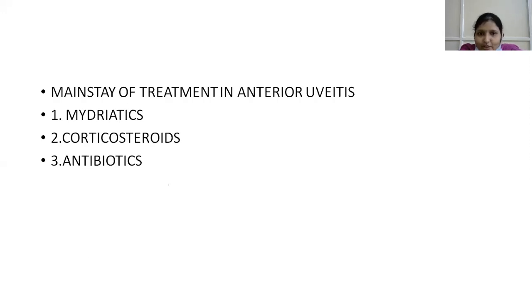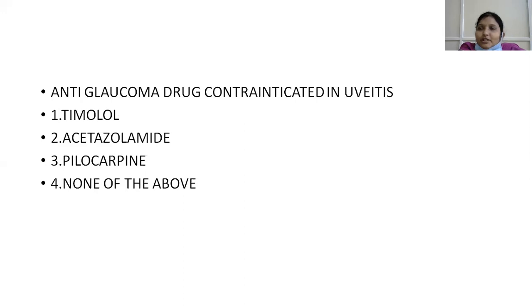What is the mainstay of treatment in anti-uveitis? Very good. I expect all of you to answer this properly because the previous batches in the exam, they have answered it as antibiotics. So the mainstay of treatment is corticosteroids. What are the anti-glaucoma drugs which are contraindicated in uveitis?